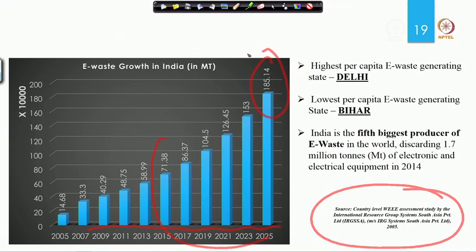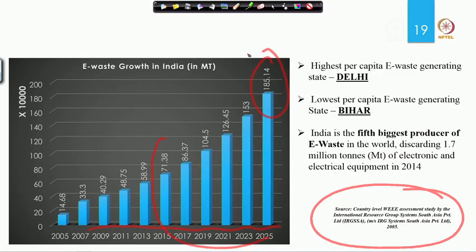That looks like a lot of e-waste being produced. Even if this projection is 60%, even if we don't get to the entire 100%, even 60-70% itself is a lot of e-waste to manage in the country. In terms of per capita generation, Delhi is supposed to lead.